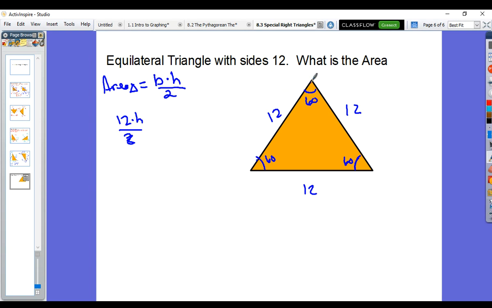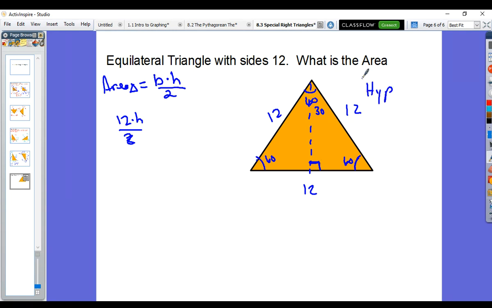So let's kind of draw our height. The thing about the height of an equilateral triangle is that it splits this whole triangle in half. But not only is it splitting the triangle in half, it splits this angle in half, forming a 30, 60, 90-degree triangle. So again, in this case, our hypotenuse is now the 12.